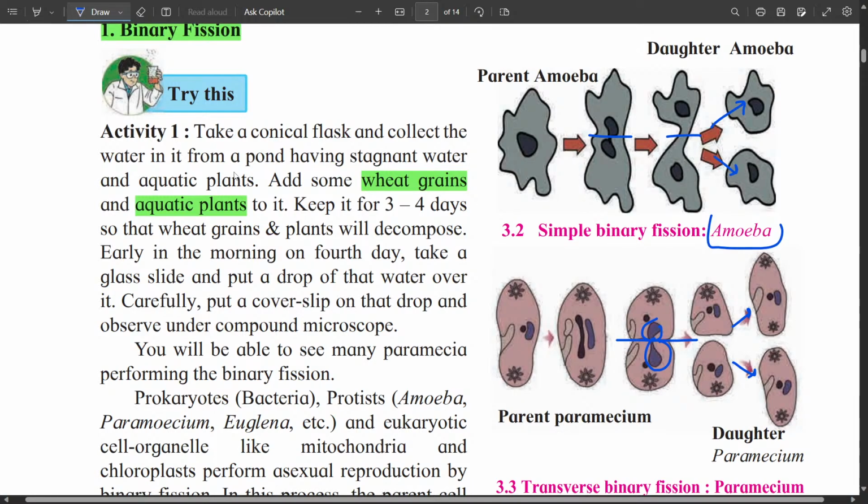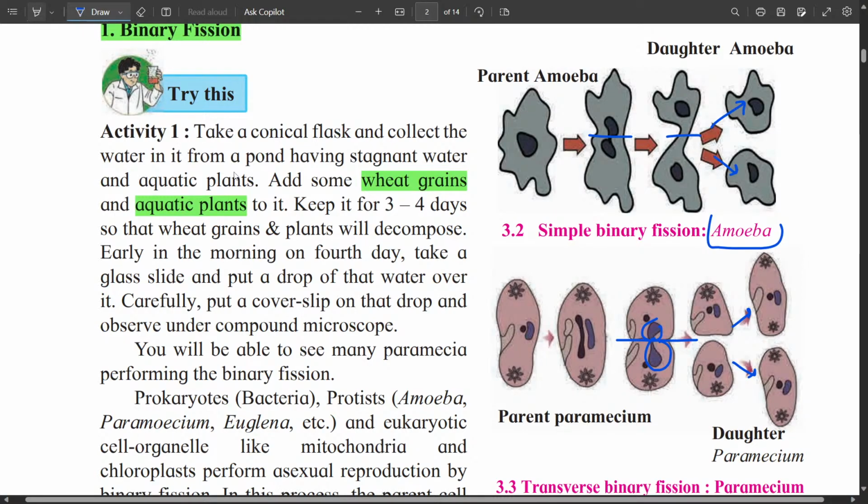But here you can see that the parent has disappeared and two daughter cells are formed. In other words, you can also say that when that amoeba evolved, that single cell is still living in the form of all the amoebae we see around us. The same thing is true for other unicellular organisms undergoing binary fission.